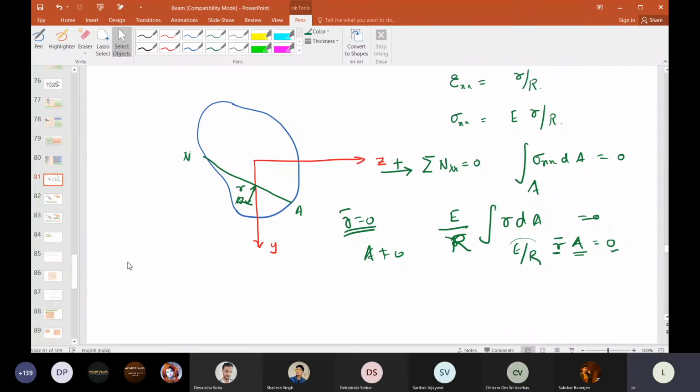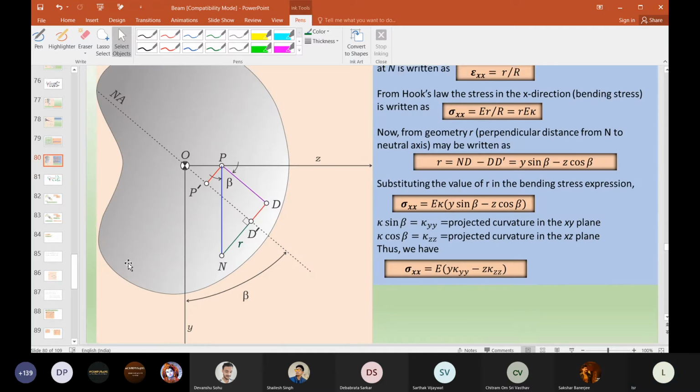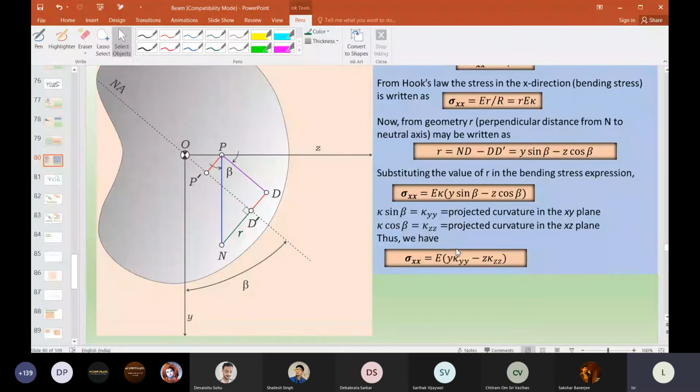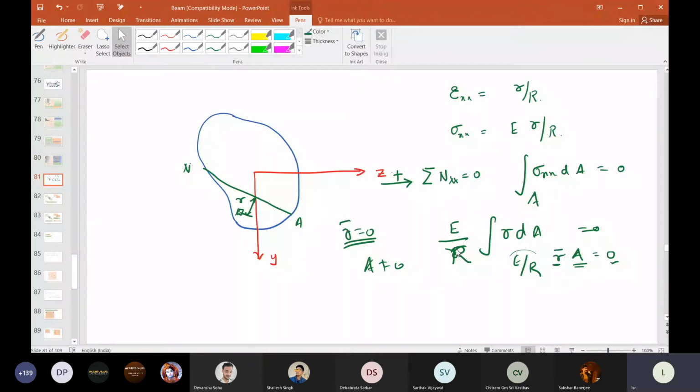See, we here it is said um, k sine beta. Where is the pen I said? K sine beta is the projected curvature in the xy plane. What is that? We will write K sine beta, that is kappa sine beta. Let's erase this. This is of no use.